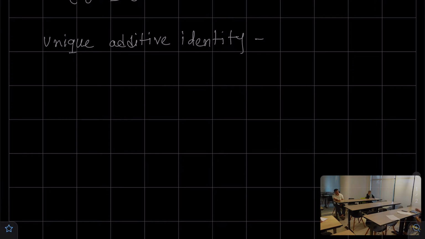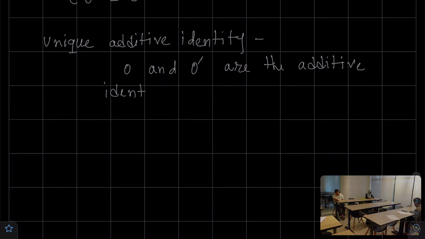So if I take 0 and 0 prime as additive identities, then since these two are additive identities, I can start with 0 prime, which equals 0 vector prime plus 0.